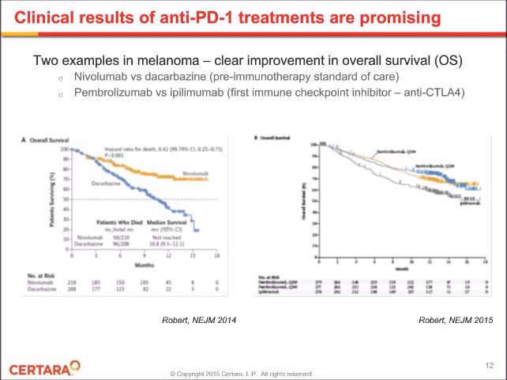So on the left side is nivolumab, on the right side is pembrolizumab. Both show clear improvements versus standard of care, where nivolumab was tested versus a pre-immunotherapy standard of care, and pembrolizumab was compared versus ipilimumab, so the first immune checkpoint inhibitor. Both showing clear improvements in terms of overall survival.